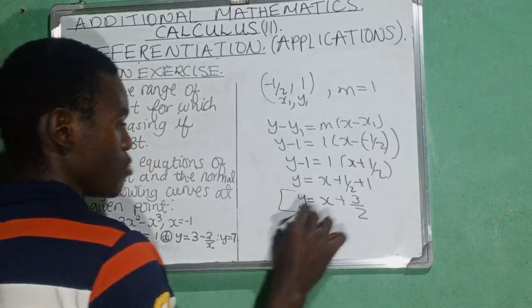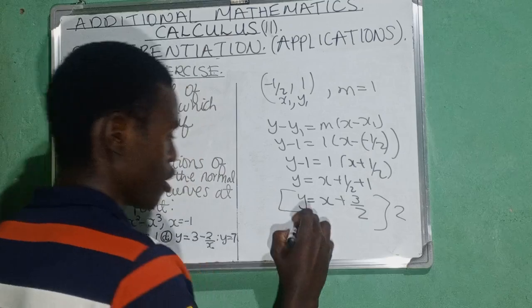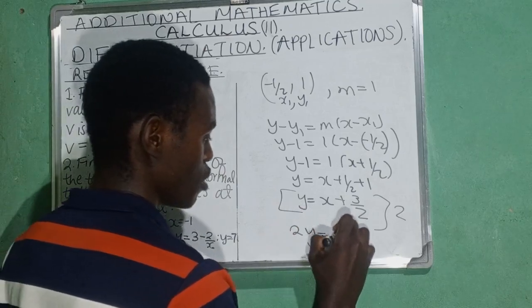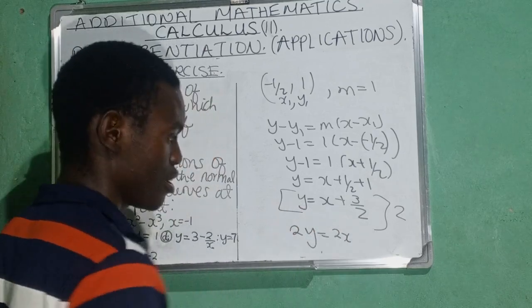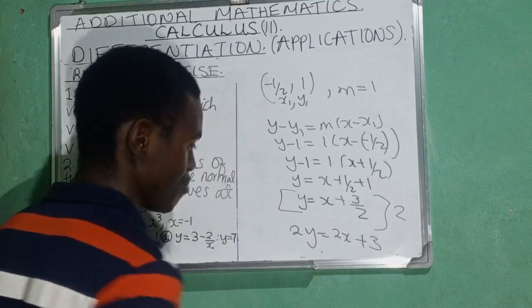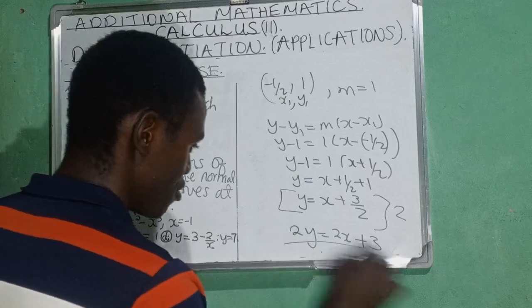Then you multiply throughout by 2, and it becomes 2y is equal to 2x plus 3.